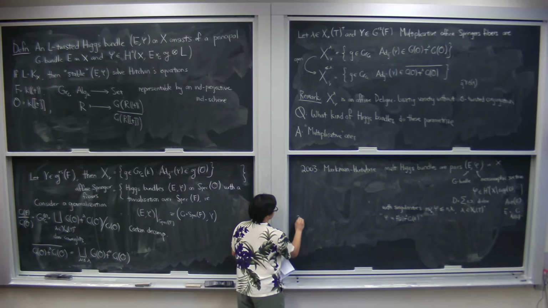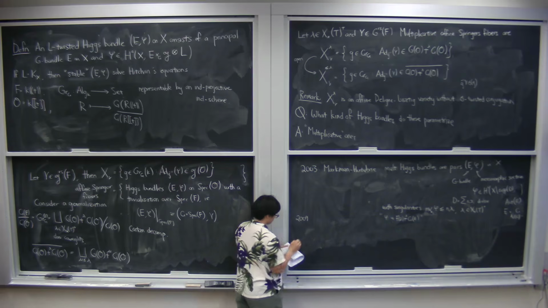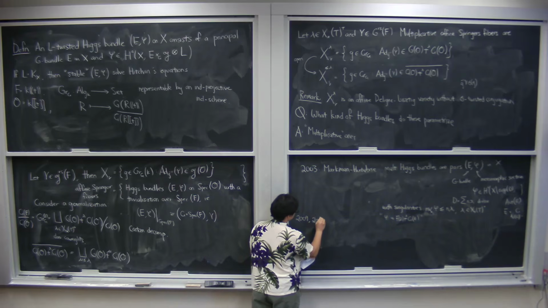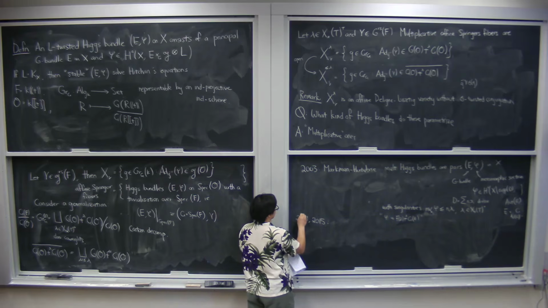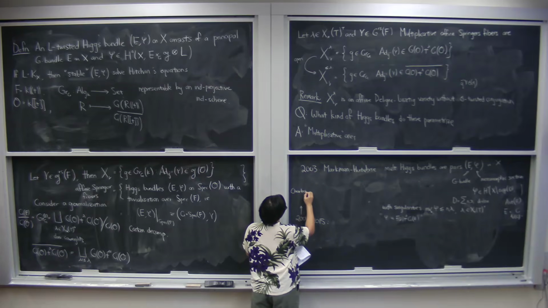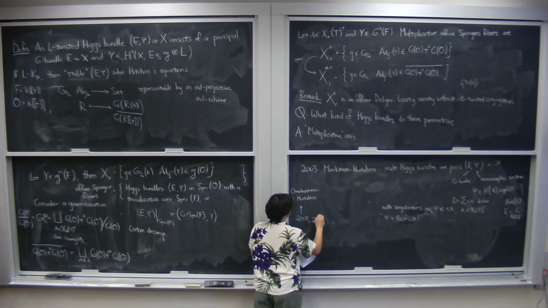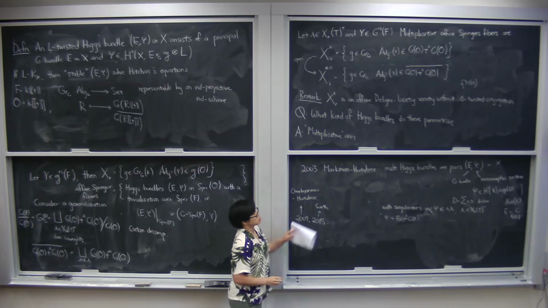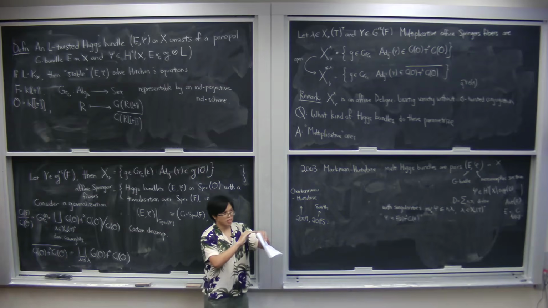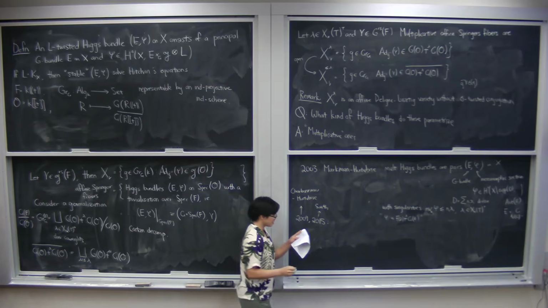Okay. And then after a while, no one really studied them until 2009 and 2015. So in 2009, it was Charbonneau and Hurtubise, and then in 2015, it was someone called Smith. They related this definition of multiplicative Higgs bundles to singular G monopoles on a cylinder.